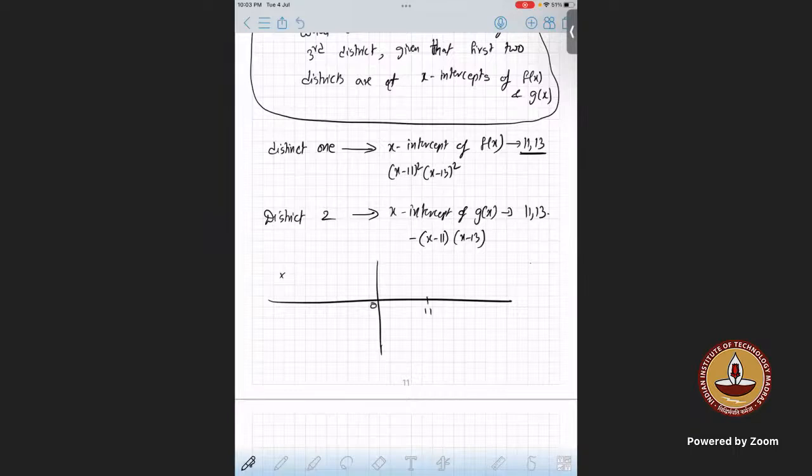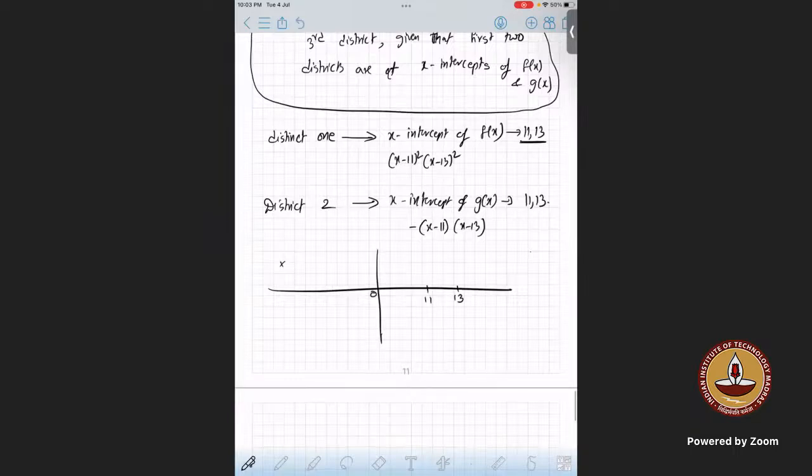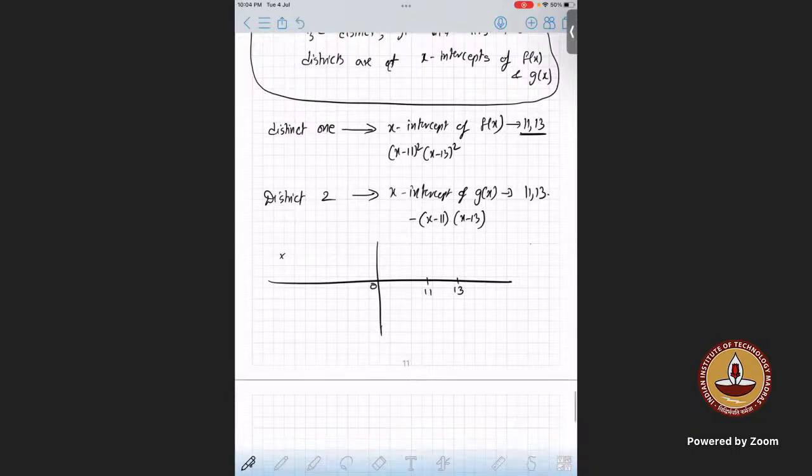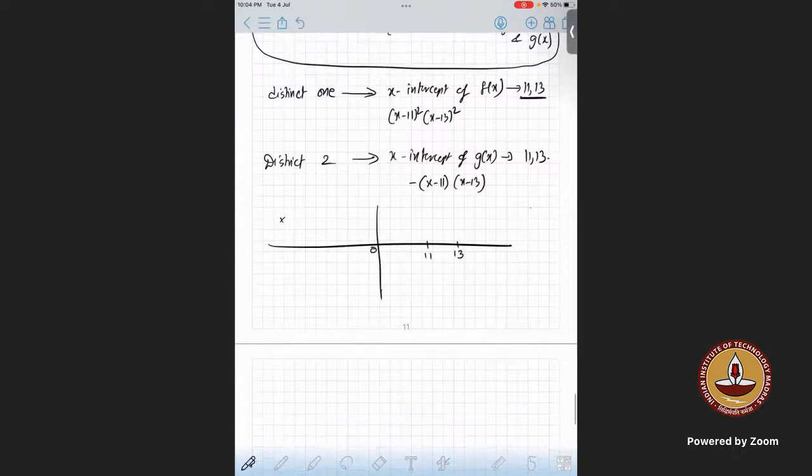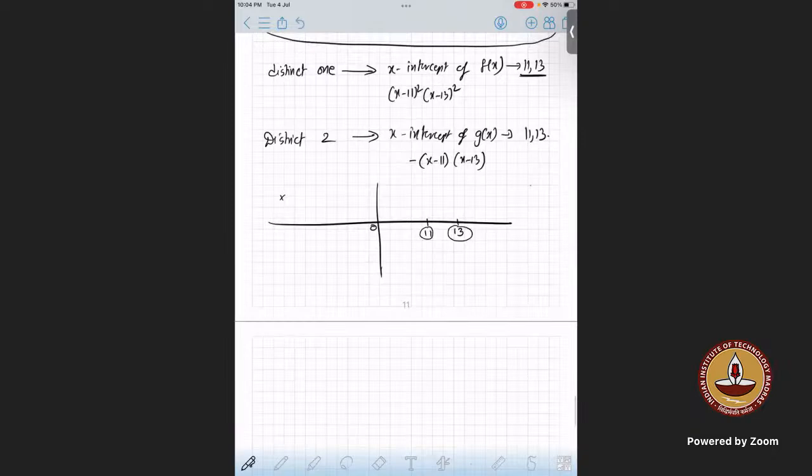District 1 may lie at 11 or 13, and district 2 also lies on 11 or 13.